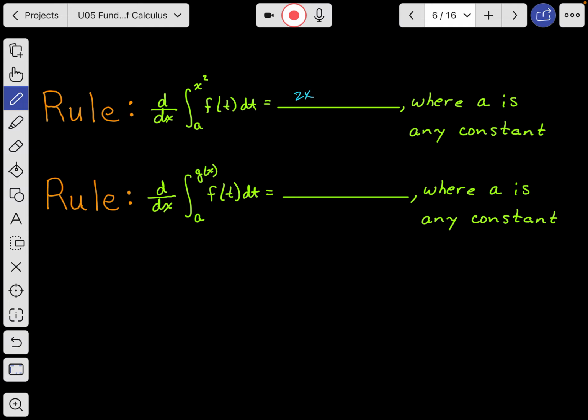So in this case it would be 2x times f of x squared. Doesn't matter what that upper function is as long as this guy is a constant. And so I guess I should go ahead and label this one as also a constant. So this is the f of g of x times g prime of x.